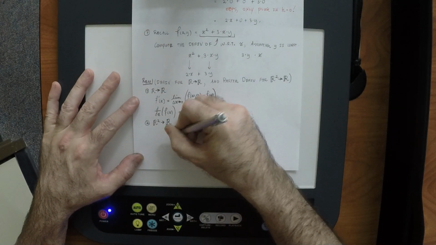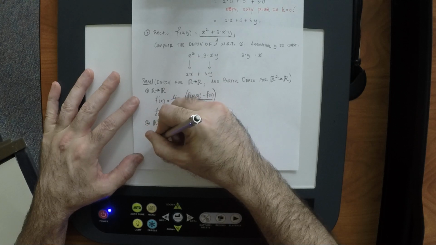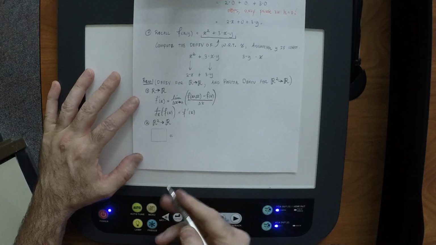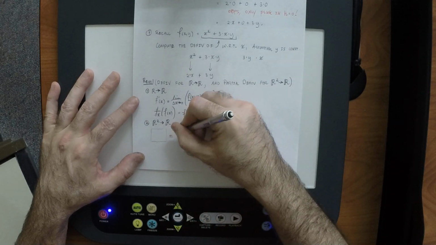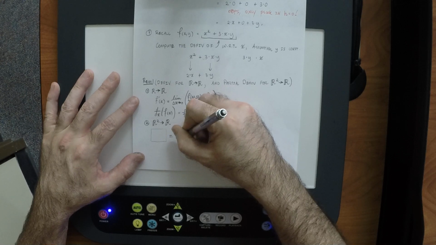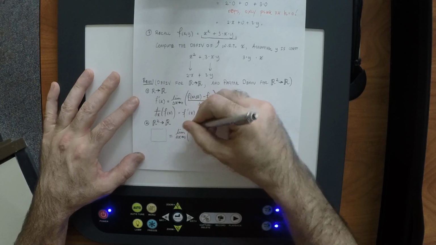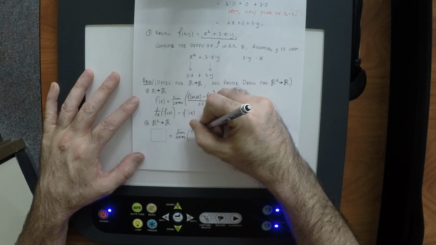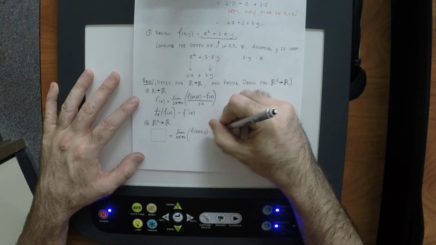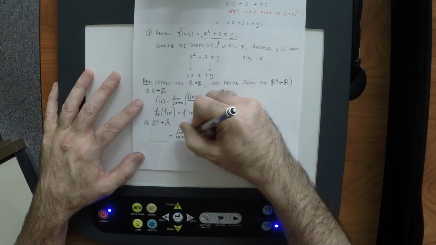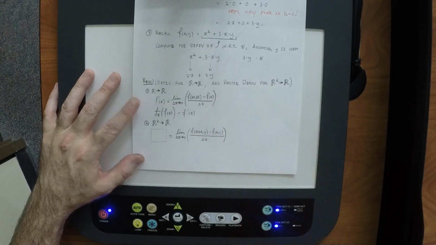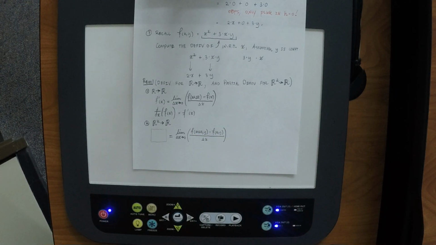So what I'm going to do is leave this box open. I'm going to write in that box in just a minute. So the first possibility is that we play with the first variable, x. And we say, okay, this will be the limit of f of x plus delta x comma y, and then subtract f of x comma y, over delta x. So that's if we're playing with the x's.